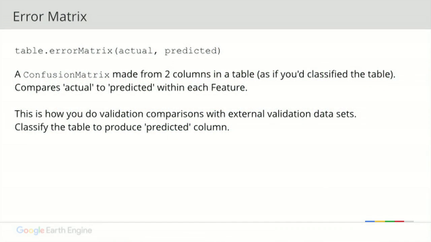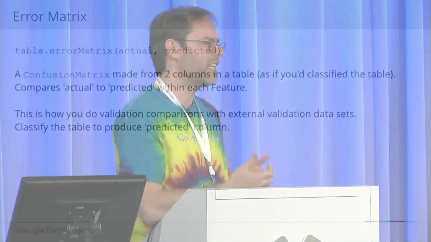Look, there we go. So the confusion matrix is very specifically cross-validation with training data with itself. You might have a validation data set that you want to get a similar matrix with. It's not really a confusion matrix at that point. It kind of is. We just didn't want to mess up the namespace here. So you can actually ask a table for an error matrix, which just returns a confusion matrix object.